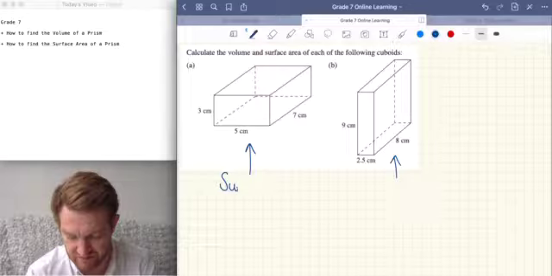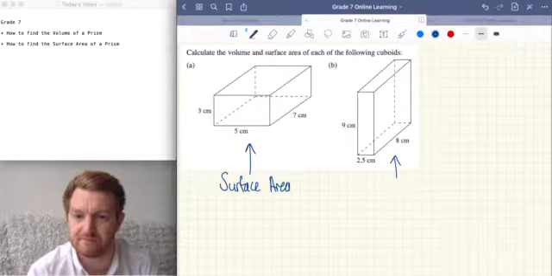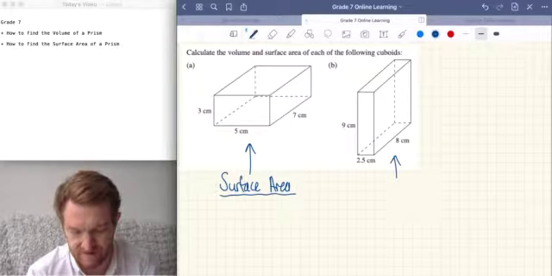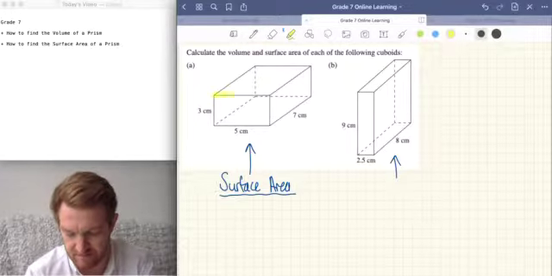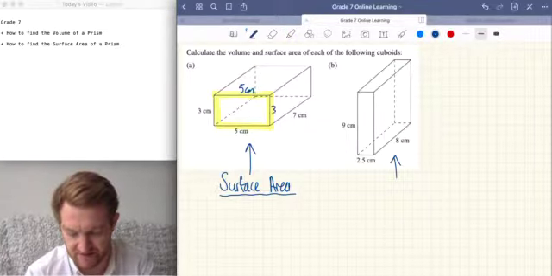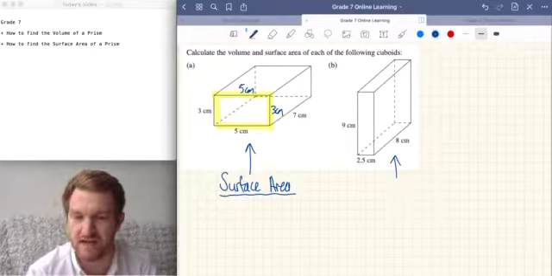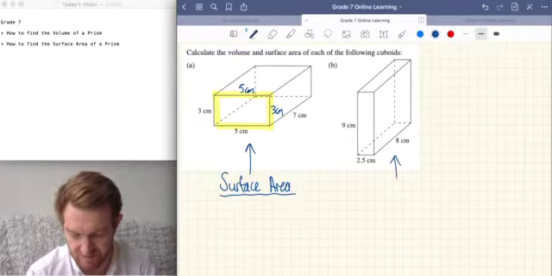So if we wanted to do the surface area, we'd say, okay, I need to know that perimeter there, which would be 3 plus 5 plus 5 plus 3. So we add them all together, and that gives you 5 plus 3 plus 5 plus 3, which is 16.